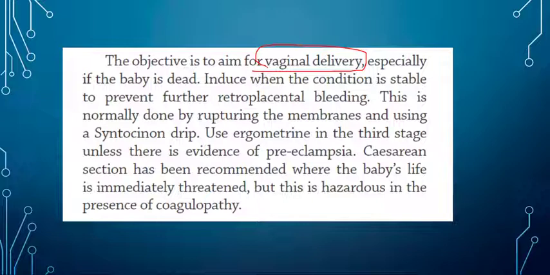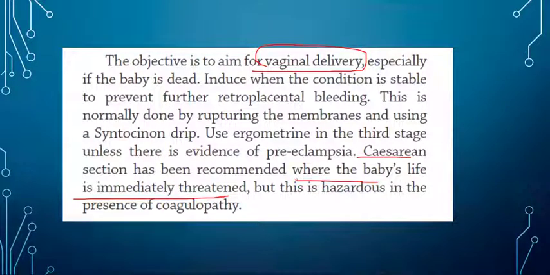But if the patient is bleeding heavily, the baby is in distress or the mother is getting hypovolemic shock, at that time you have to go for urgent cesarean section. So cesarean section is recommended when the baby's life is immediately threatened.